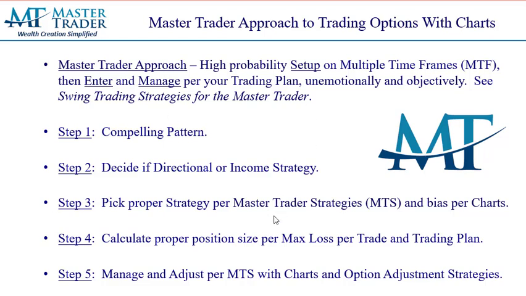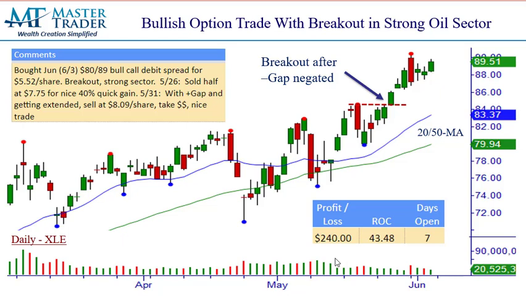Once we pick that to match our bias, then we calculate proper position size per our trading plan, enter, and manage in between. Whether we're trading stocks or options, of course we're watching implied volatility, and if we're short options, the percent max gain, whether it's a rapid gain or not. But in any event, we're primarily using the charts and use adjustment strategies to manage the position to closure.